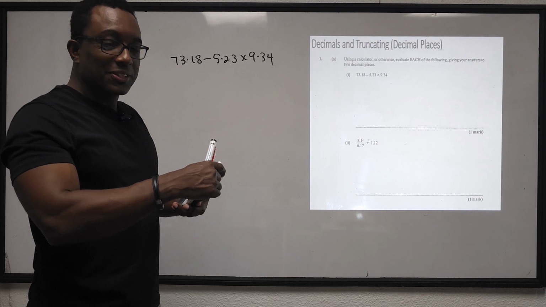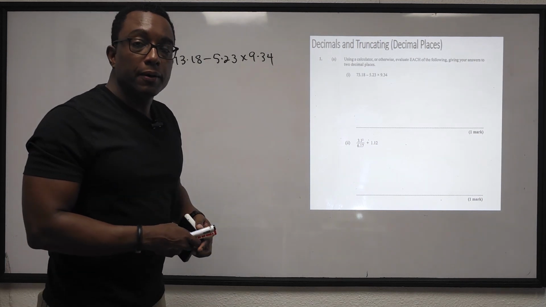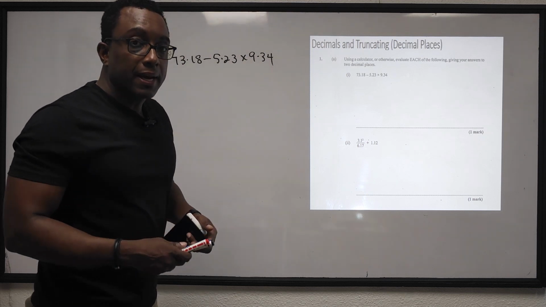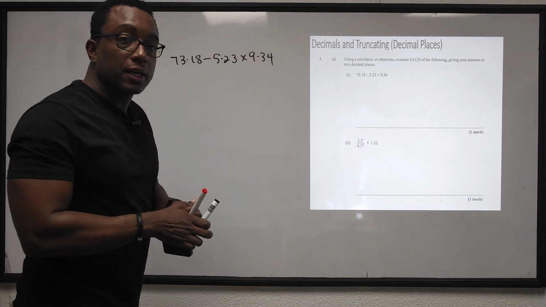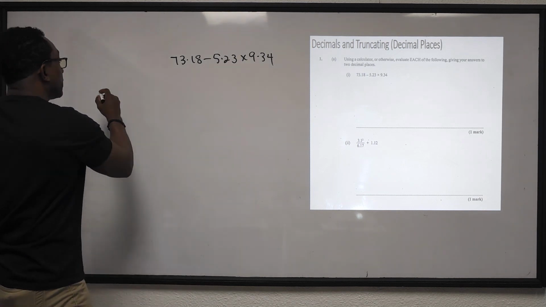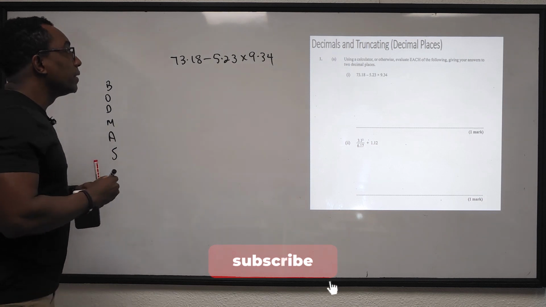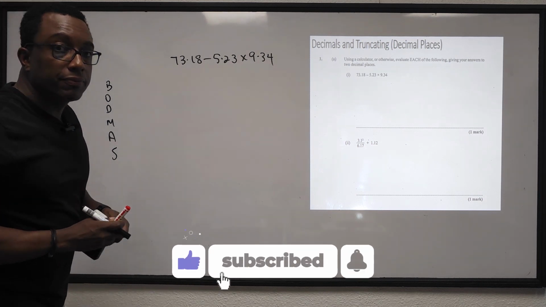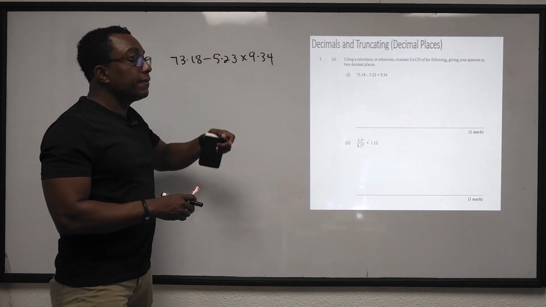So to treat with this, what are we going to do? Again, from our rules of BODMAS or PEMDAS, we will carry out our operation based on the rules. So we are going with BODMAS. We know that multiplication comes before subtraction. So we are going to multiply first.